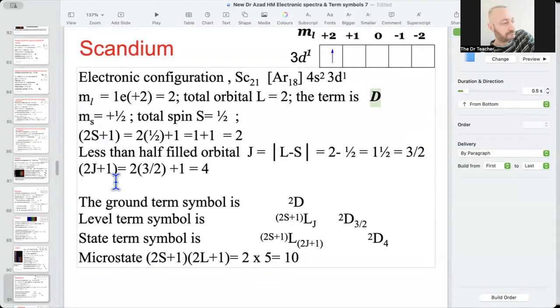So 2J plus 1 will be 2 times 3 over 2 plus 1, which is 4. Now you have all the values: 2S plus 1, J, 2J plus 1. So you just put them in the ground term symbol. D, 2S plus 1 will be what?